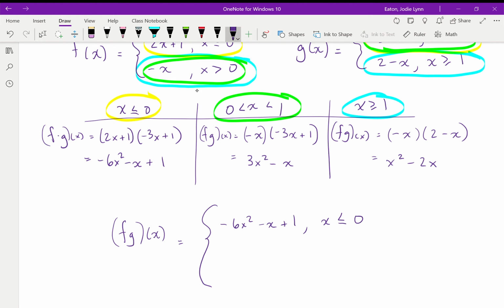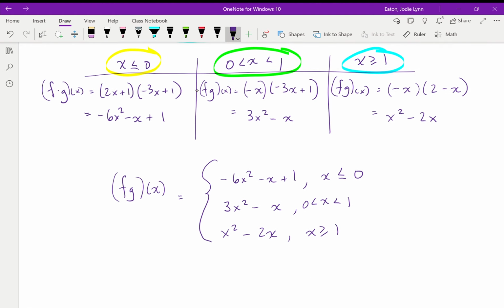We have our second function, which is 3x squared minus x when x is between 0 and 1. And we have our final function, which is x squared minus 2x when x is greater than or equal to 1. And that would be how we would write our solution.